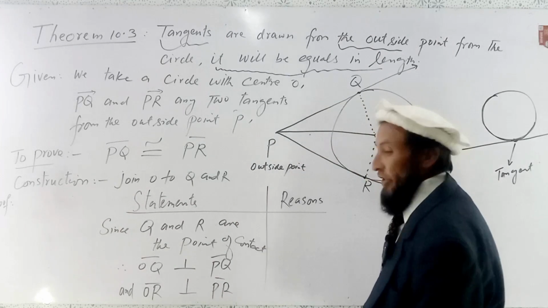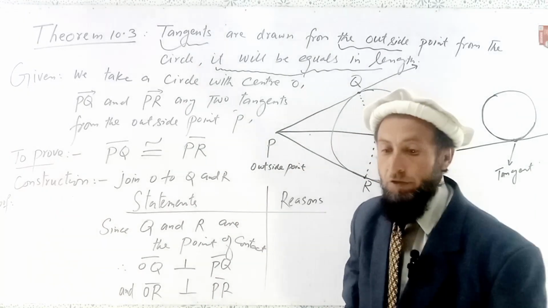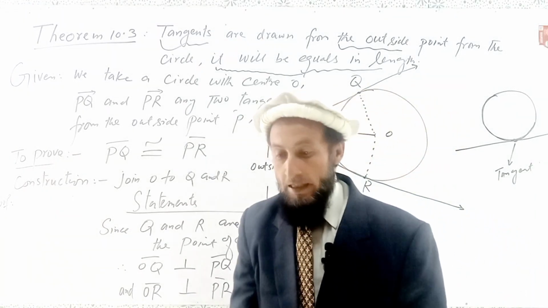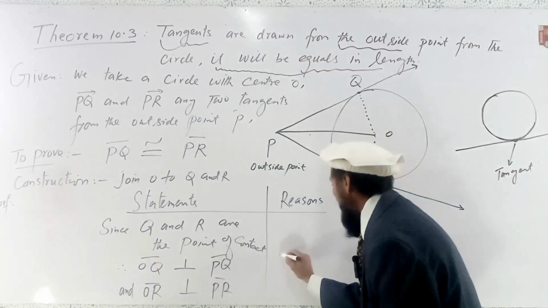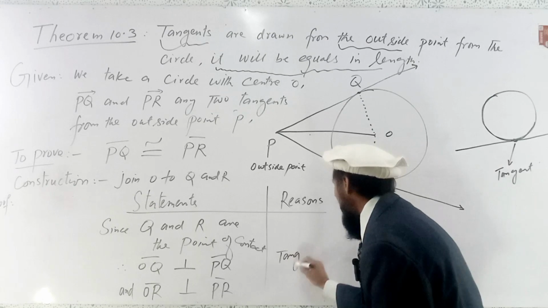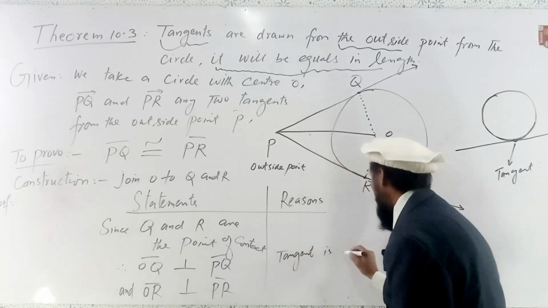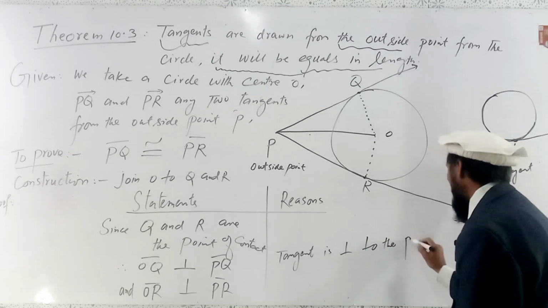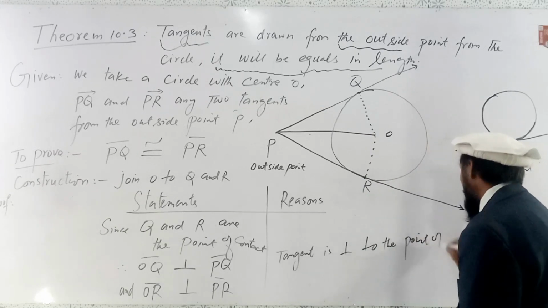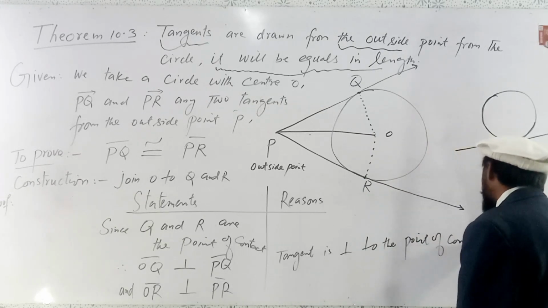According to the definition of tangent, a tangent is perpendicular to the radius at the point of contact.